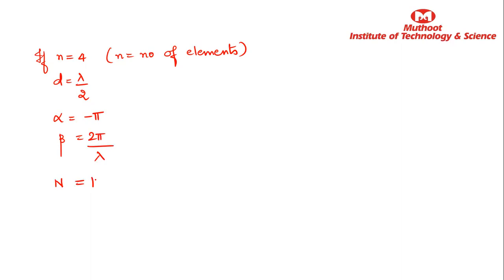So N starts from 1, right? It decides how many minor lobes are there, so capital N is very important. So what happens to our theta max? It becomes theta max of minor is equal to cos inverse of, I'm just writing that formula, substituting the values in the formula.